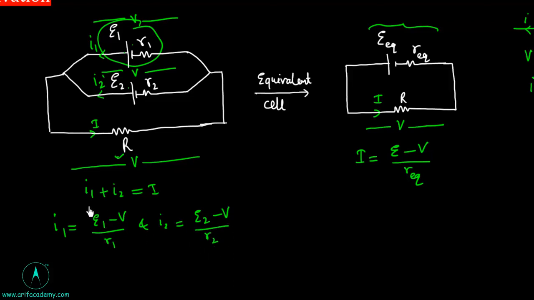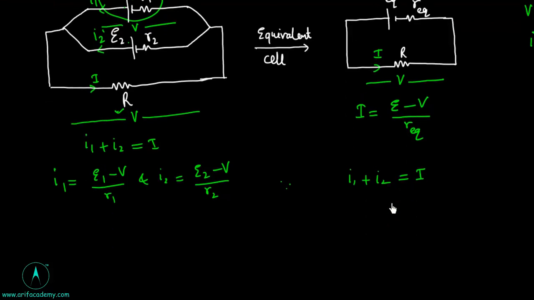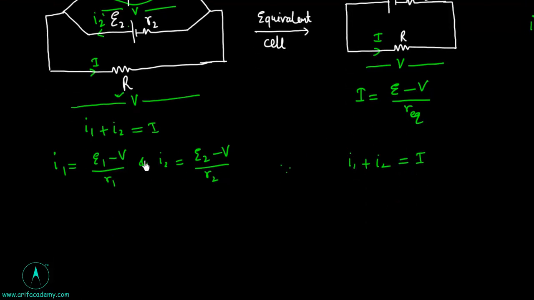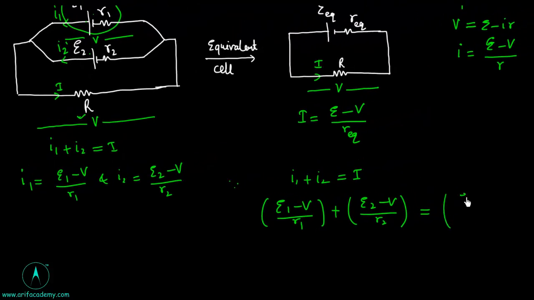So putting in that equation, since I1 plus I2 equal to I, E1 minus V upon R1 plus E2 minus V upon R2, and I can be written like that, E minus V upon R, and this is actually E equivalent upon R equivalent.